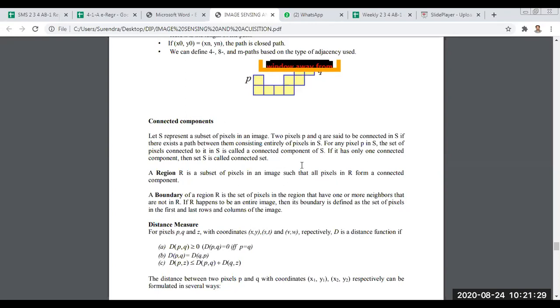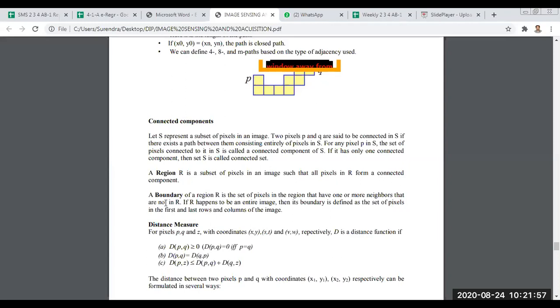Based on this, a region R is a subset of pixels in an image such that all pixels in R form a connected component. What is the meaning of connected component? The pixel P is the starting pixel, pixel Q is the ending pixel. If we form a path between P and Q, then this is called a region.